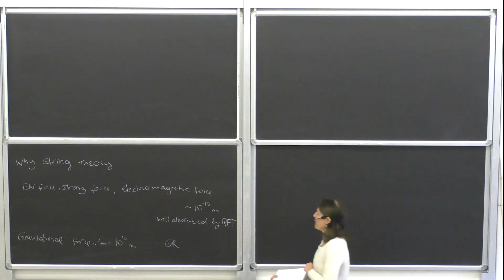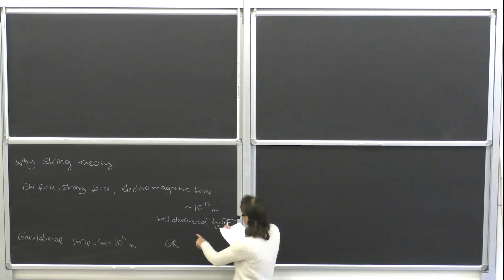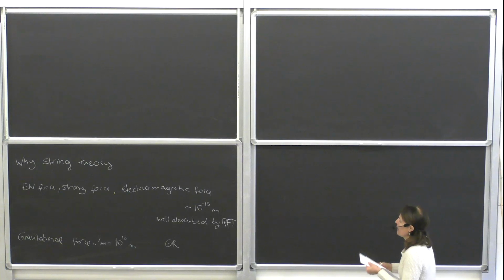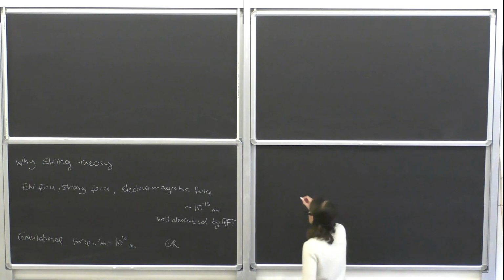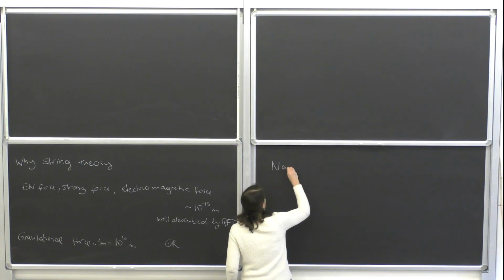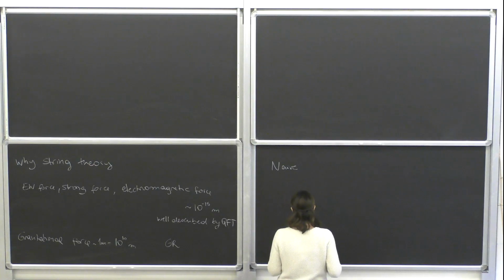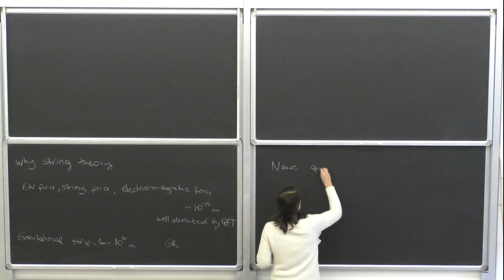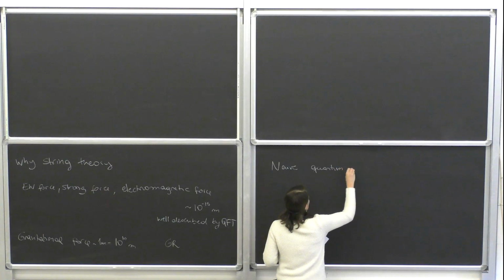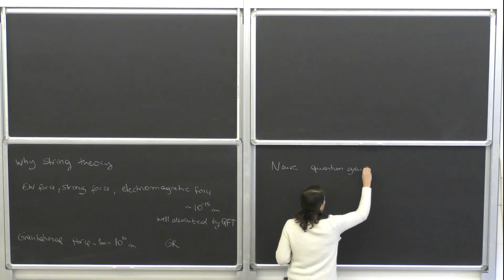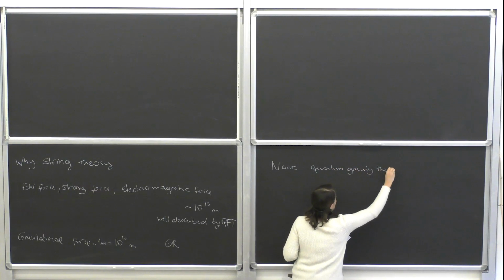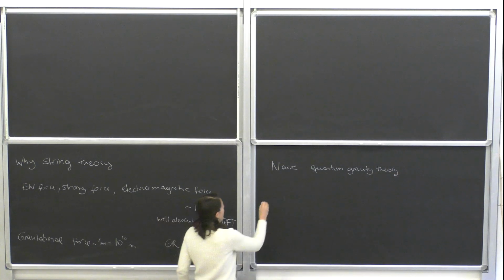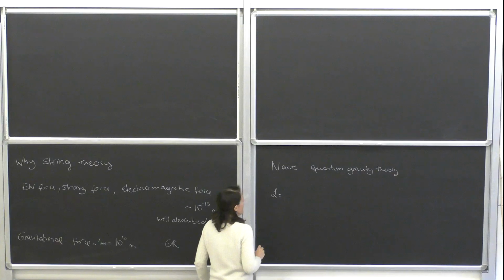Now, if one tries to combine these two naively and do a quantum theory of gravity, naive quantum gravity would be to start with the Einstein-Hilbert action and quantize it.